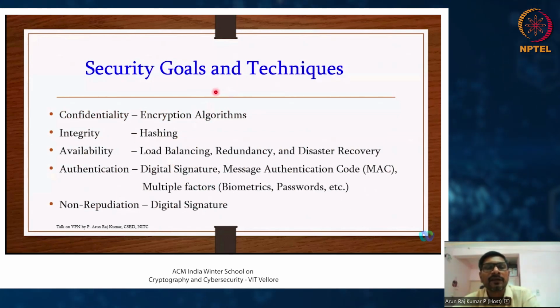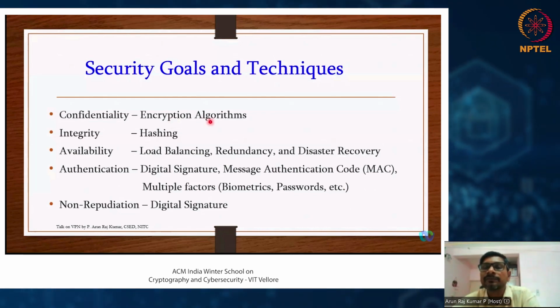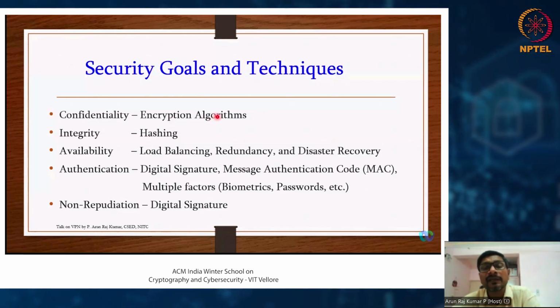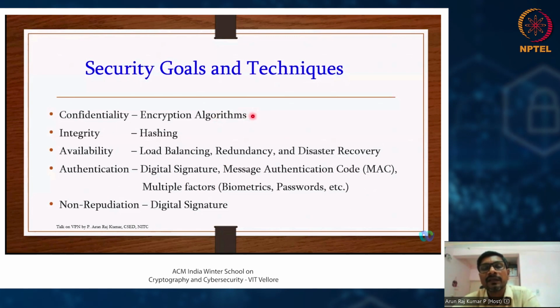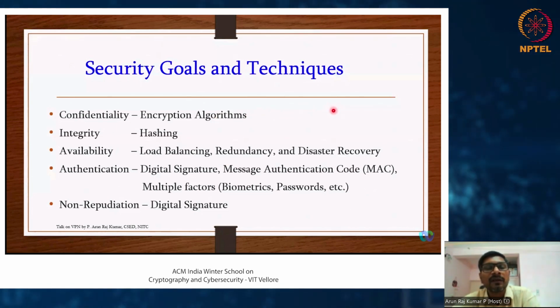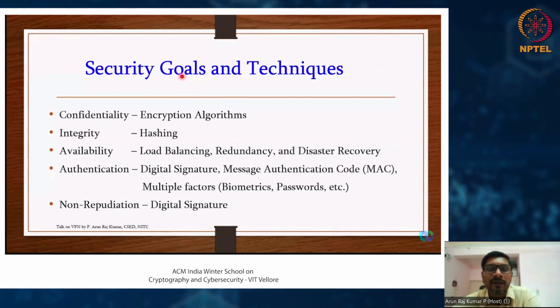If you look at the security goals and the techniques, to achieve the goal called confidentiality, we have to use encryption algorithms. There are many encryption algorithms: DES, AES, triple DES. Encryption means you have a message, and you keep it inside a box and lock it using a key.